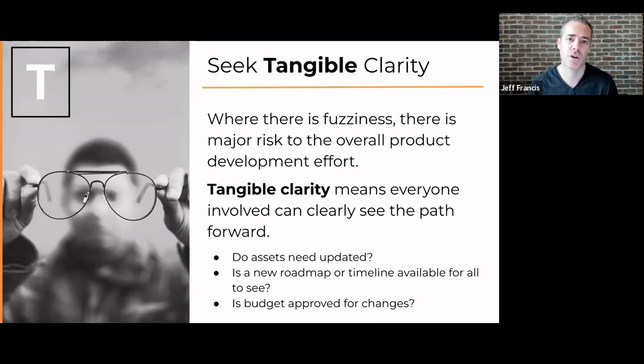So again, it's captured and everybody knows what playbook we're using. Is a new roadmap or timeline available for all to see? Once you've assessed this and picked a direction, recommunicating your timeline, budget, resource needs, and roadmap is really important. And then, is the budget approved for changes?